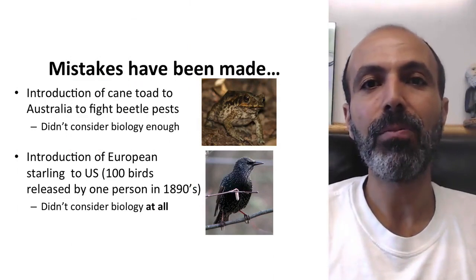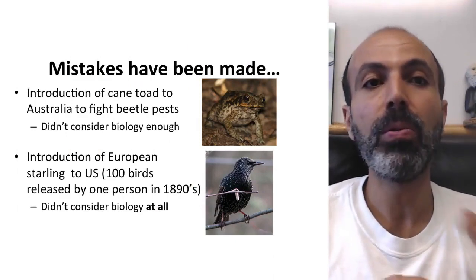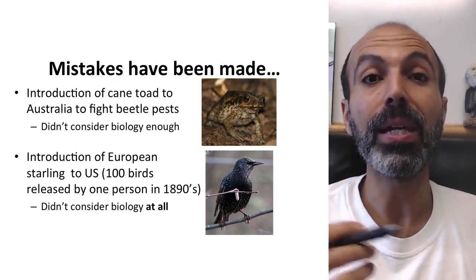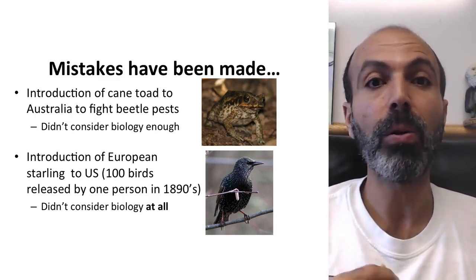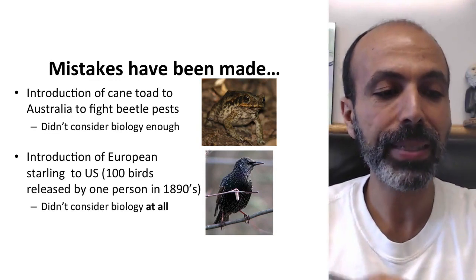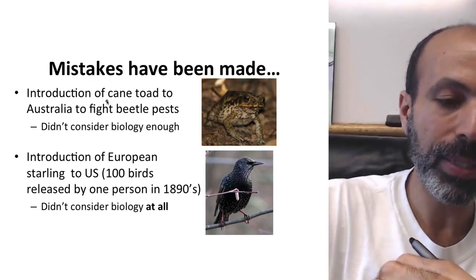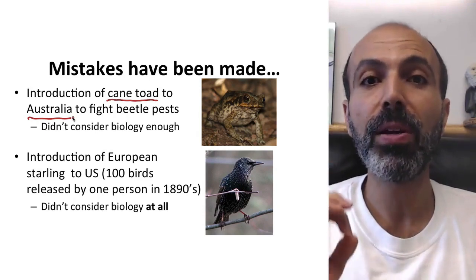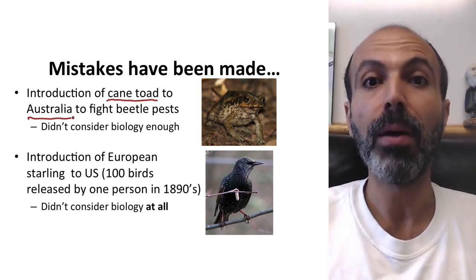Obviously, some mistakes have been made, and again, often by people who were well-intentioned, but what they did ended up having a very negative impact on humanity or on our planet. One classic example people refer to is the introduction of the cane toad to Australia. This was a very intentional introduction by humans.